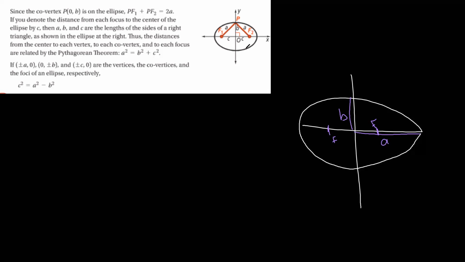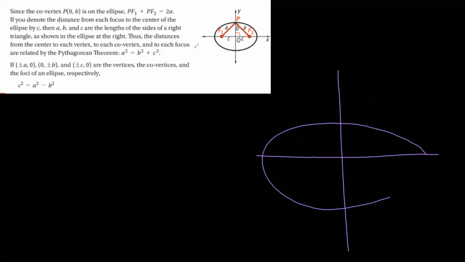So because of that now, let's name it like this, and this will be my ellipse.